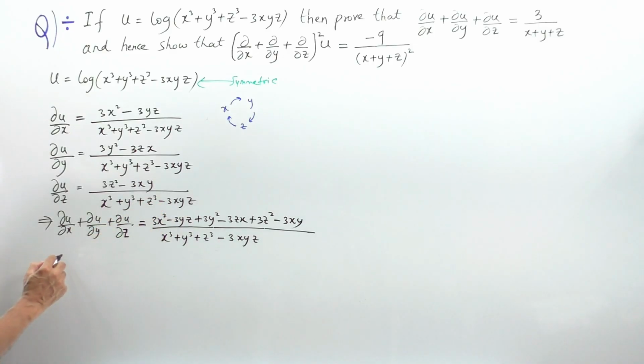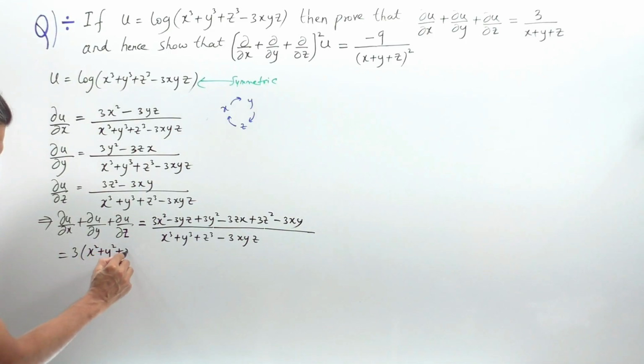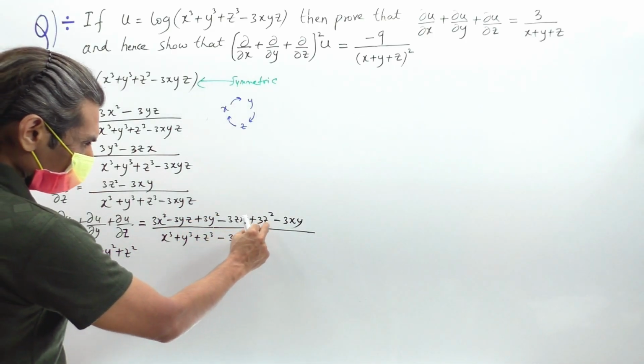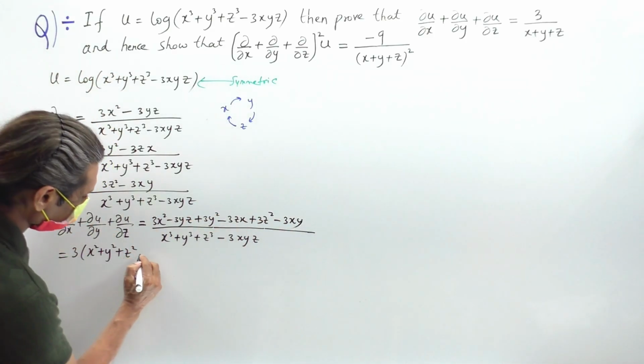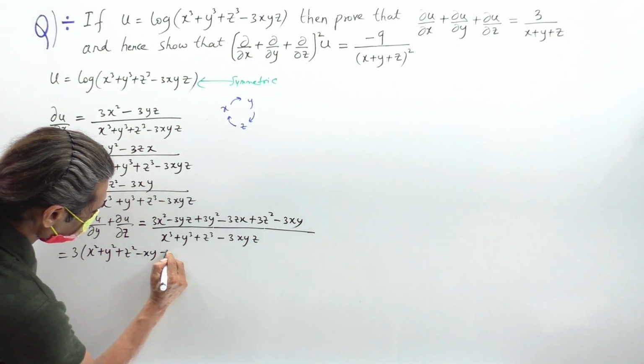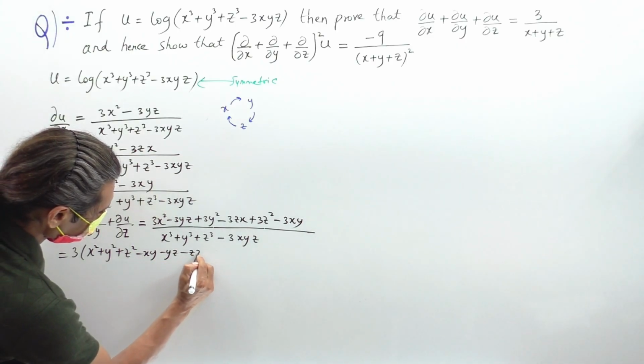Now, I will write this as, see here 3 is common, I will group them all: x square plus y square plus z square. I have taken 3 outside, so this will be minus xy minus yz minus zx.